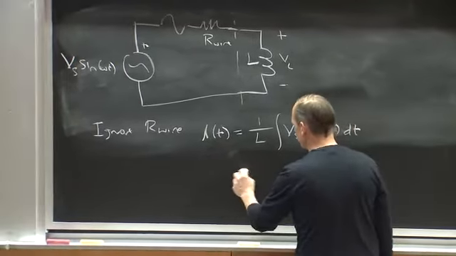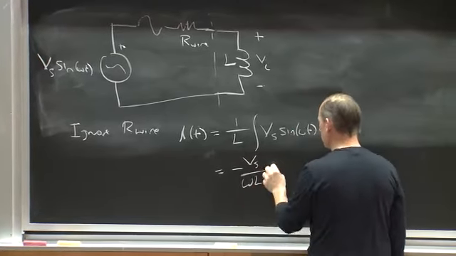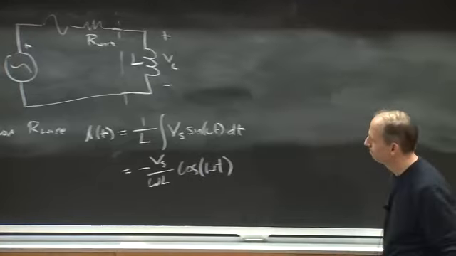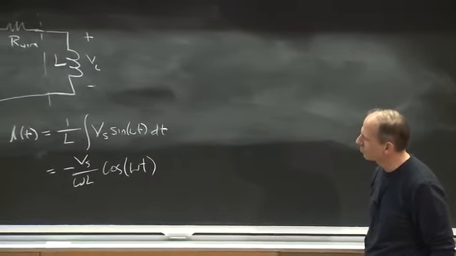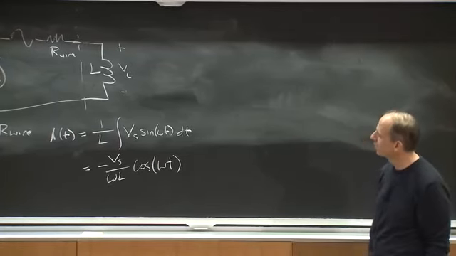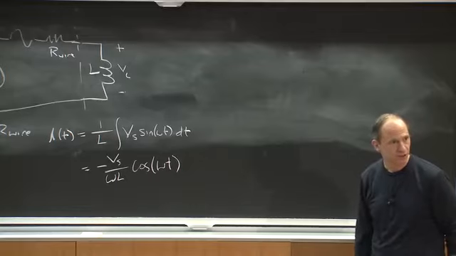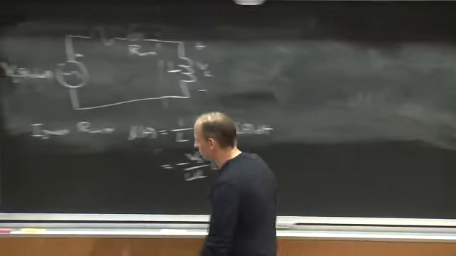Well, this should be equal to minus Vs over omega L cosine of omega t. Okay. So that's what I get for a result for my current in steady state into my inductor. What is the power that's being transferred into the inductor on average? Well, why don't we calculate that?